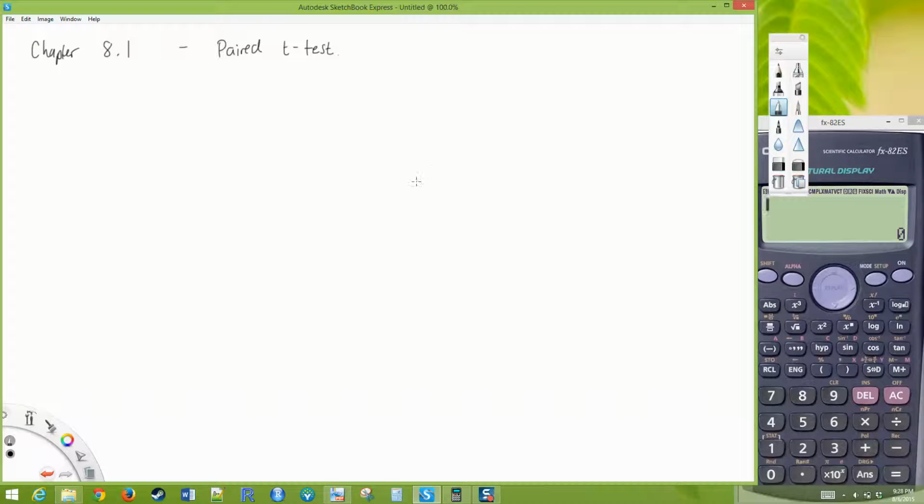All of the stuff earlier assumed that our samples were sampled independently, so that one sample had nothing to do with the other sample. The two groups were independent. In this case, our two samples share a link, and so we call them paired data.